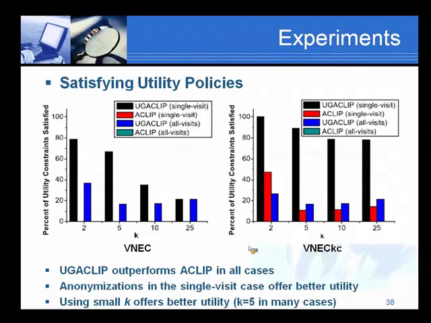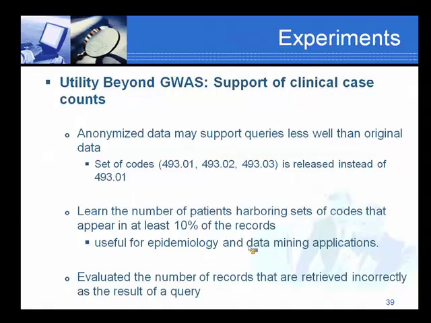So another aspect of measuring utility has to do with how our method can support clinical case count studies. Before showing the results, let me say that anonymized data may support queries less effectively than original data. This is because we modify the codes.